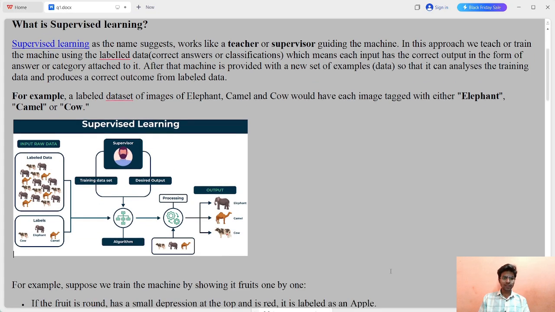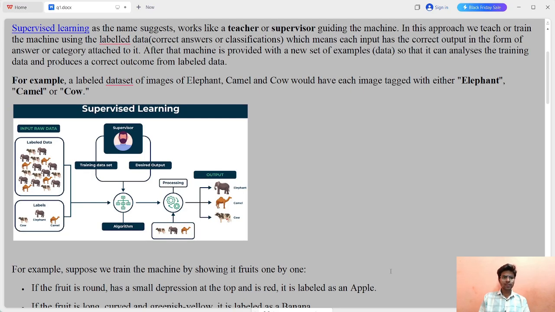The raw input data, labeled data, forms the supervised training dataset and desired output. The algorithm works on the principle of extracting and making the output by processing and selecting the unique identity of each animal.